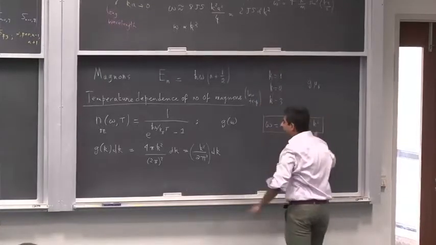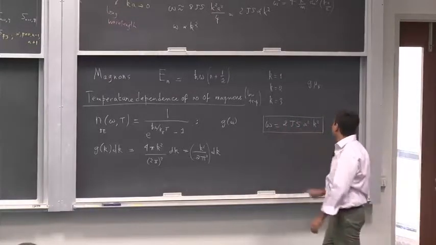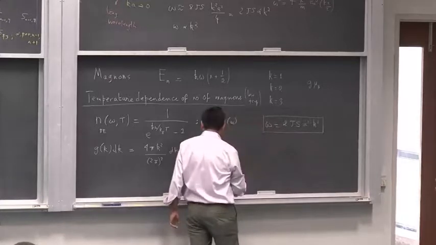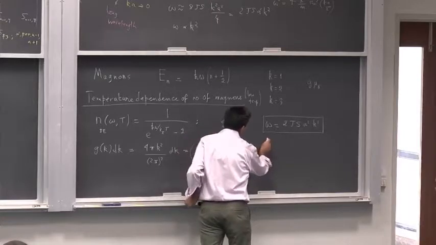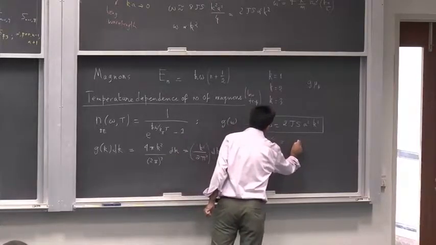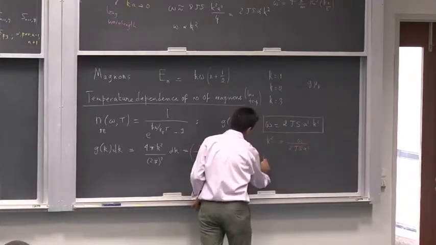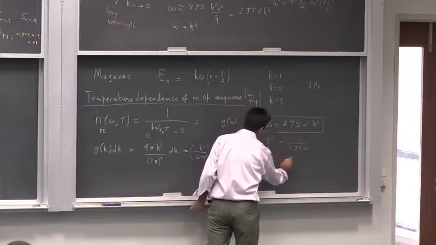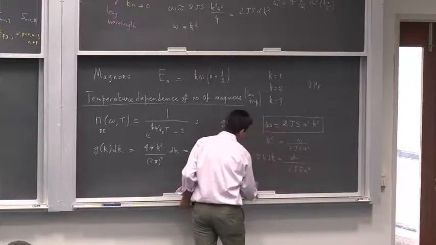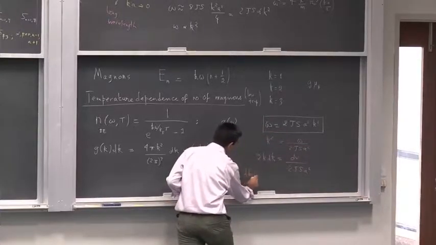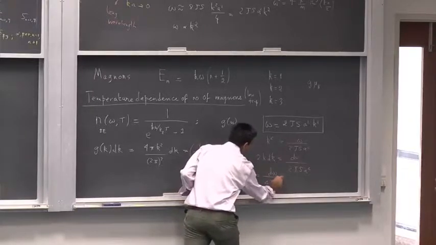Okay. So this is my omega, which means I know what k square is as a function of omega. I need to know dk. Now, if I just solve this a little bit, it's just algebra, I get k square is omega over 2JS a square, 2k dk is d omega over 2JS a square, which means my dk is d omega over 4JS a square divided by k.